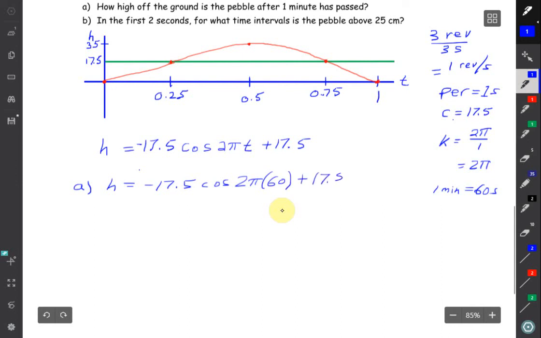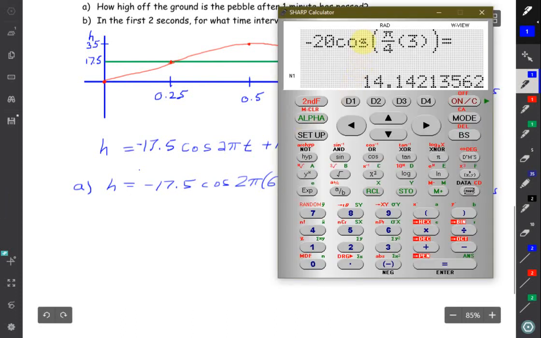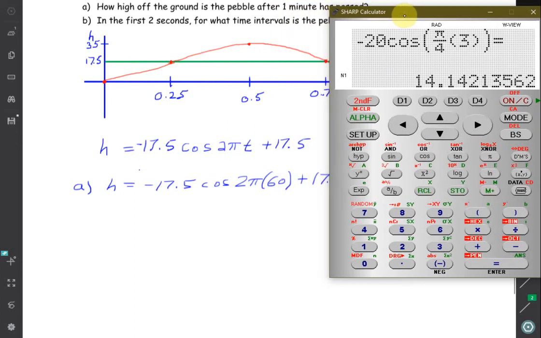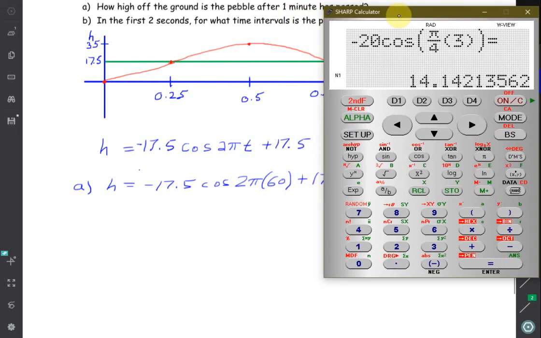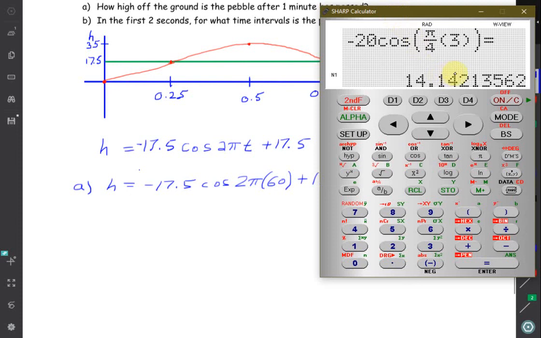And thinking about what I said earlier about the ratios, this makes sense because 60 rotations is going to be 60 full circles, so that's 60 2 pi's. And so then what we're really putting in this cos function is 120 pi. So we'll put that into the calculator.